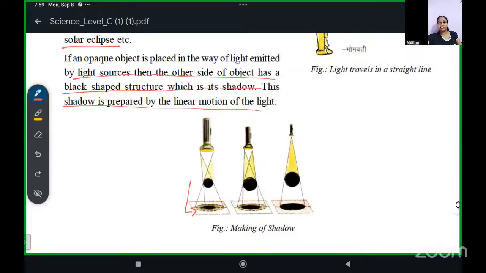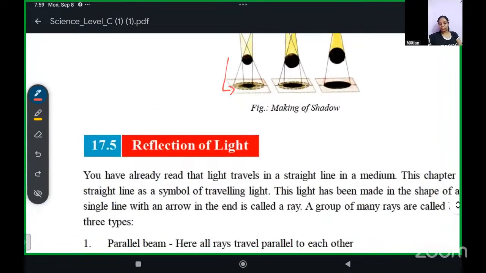The shadow is prepared by the linear motion of light. Light travels in a fixed path in a straight line. That is why shadows are prepared. This is the meaning of shadow.